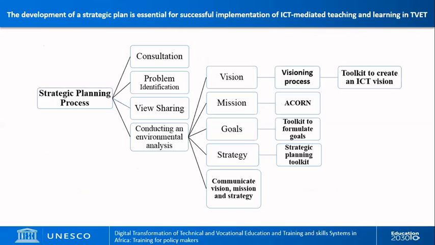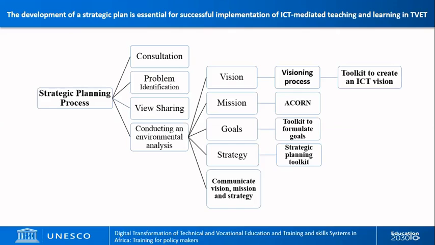Now, let us look at the content flow chart. If you look at this content flow chart, you will discover that the strategic plan process begins with consultation, then problem identification, view sharing, and then conducting an environmental analysis.